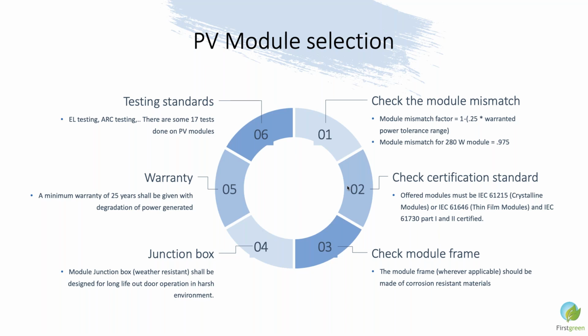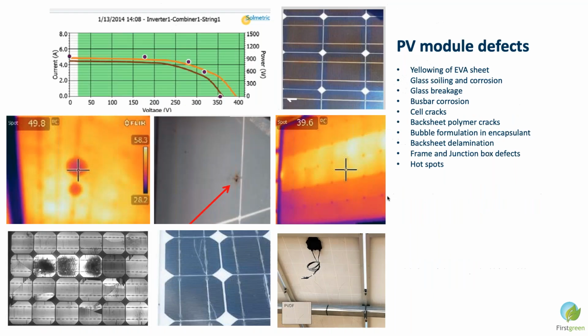You can Google and find them. This is not the platform where I would like to discuss those tests, but on our blog we have published what types of tests are conducted on PV modules. You can refer to that.